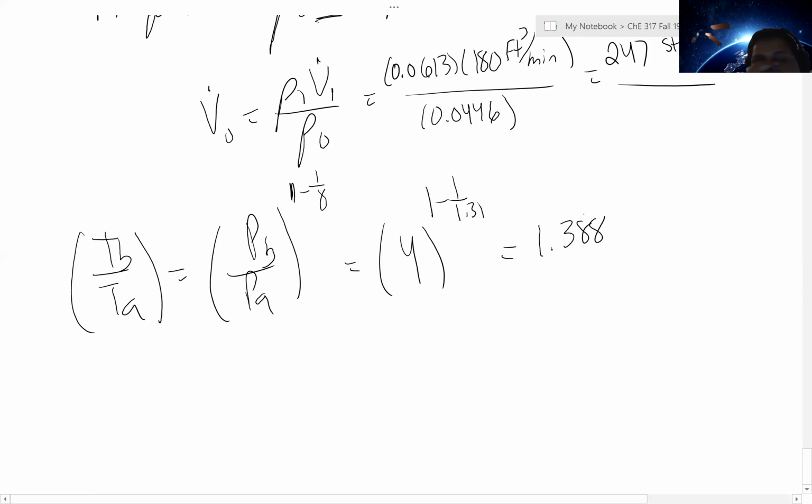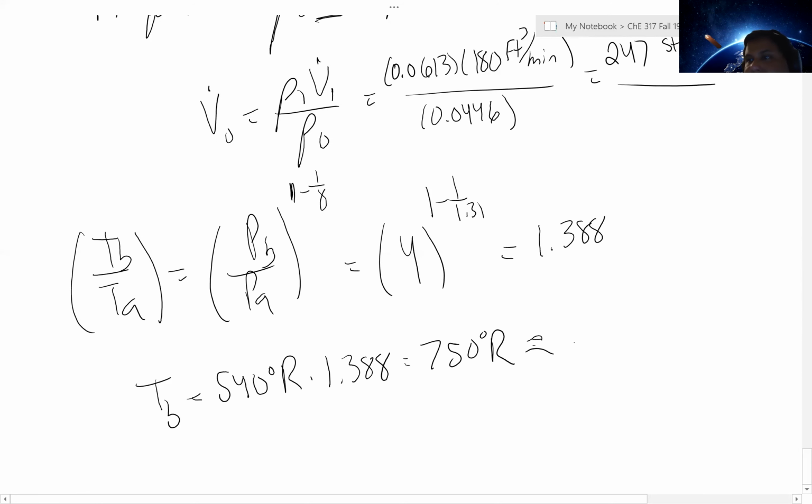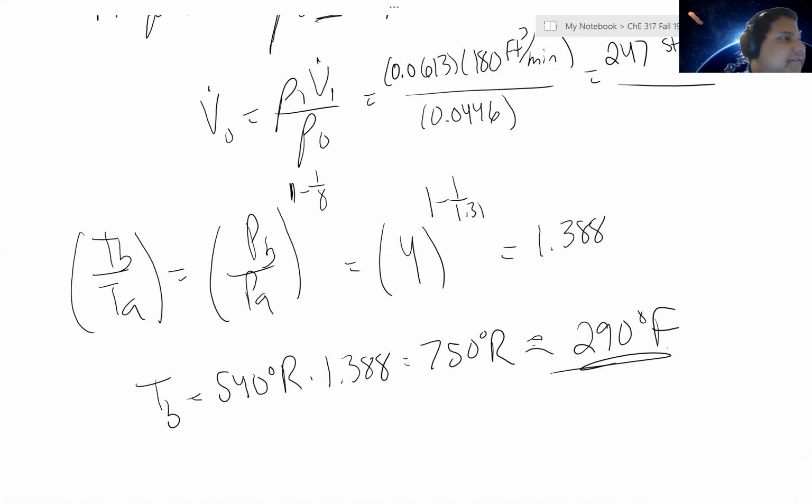And so if TA is 540 Rankine, TB is going to be 540 Rankine times 1.388, or 750 Rankine, which is approximately 290 degrees Fahrenheit. So quite a drastic increase in temperature, going from 80 degrees Fahrenheit to 290 degrees Fahrenheit.